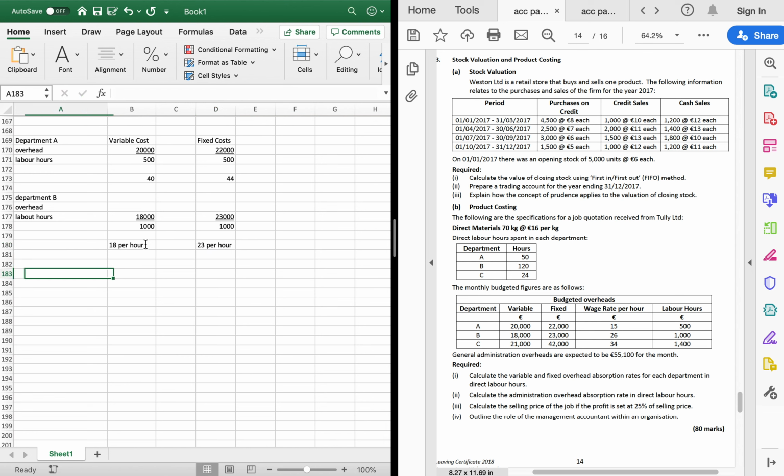And then for Department C, same job, overhead and labor hours. The overhead for Department C, 21 and 42. And this time it's 1,400 hours.